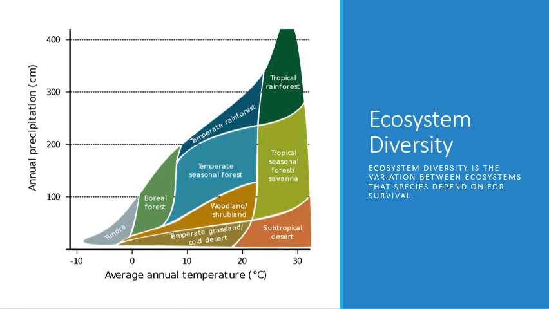It's cold with low levels of precipitation. If it's cold with high levels of precipitation, well, honestly, that doesn't happen much because of the way we talked about with the wind patterns. As you increase temperature but keep annual rainfall low, you see deserts at the bottom.